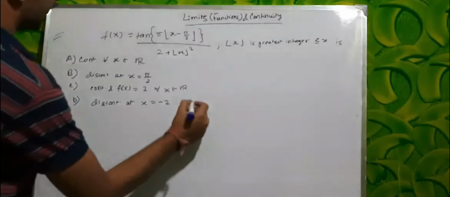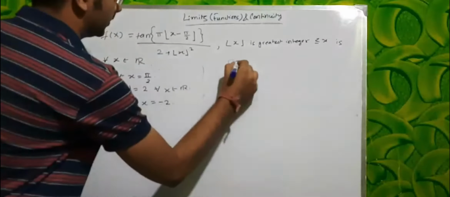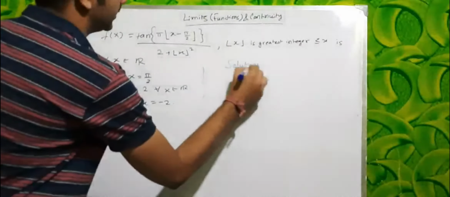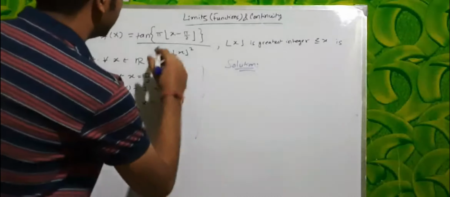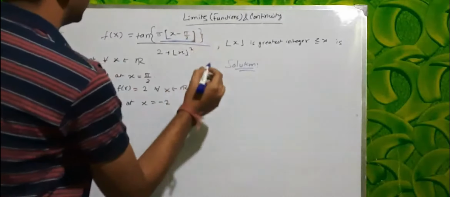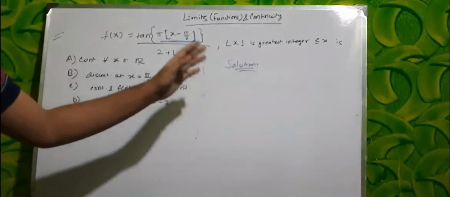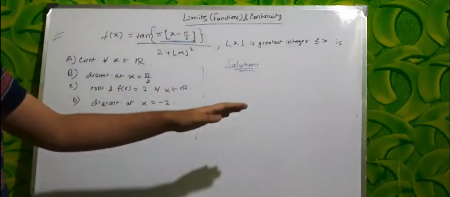So the solution is: see that this box part is always going to be an integer. We know the greatest integer function always gives us an integer.